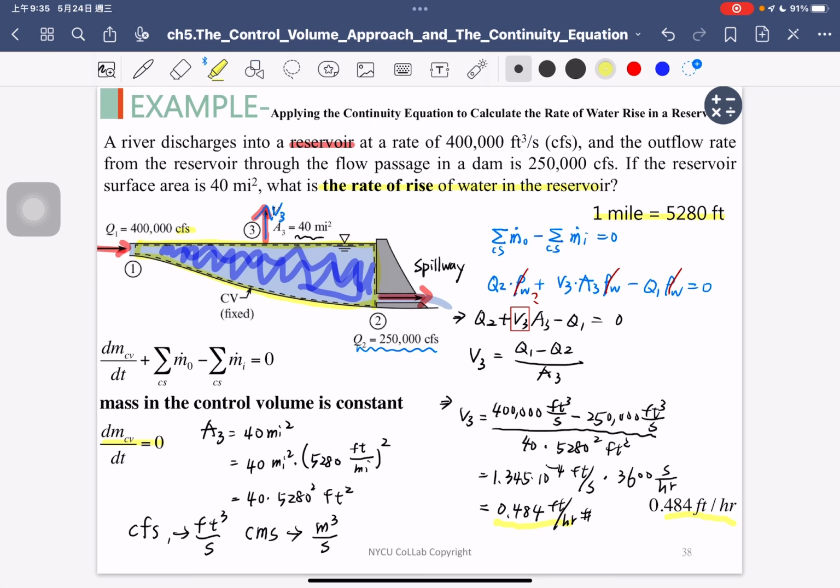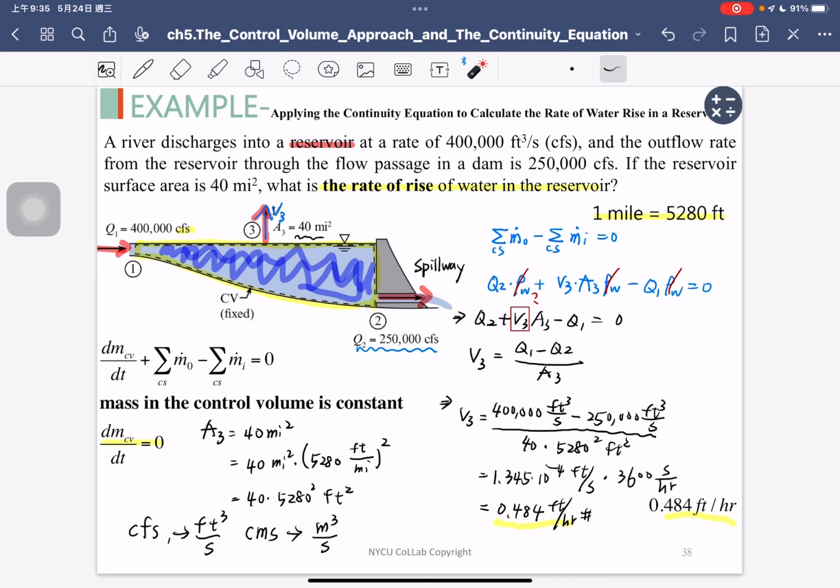So this is the idea. We apply the continuity equation to the reservoir, and for reservoir problems, we have some input flow and there is the output flow. Since we define the control surface along the water boundaries, we still have one outflow, caused by the rising of the water surface.